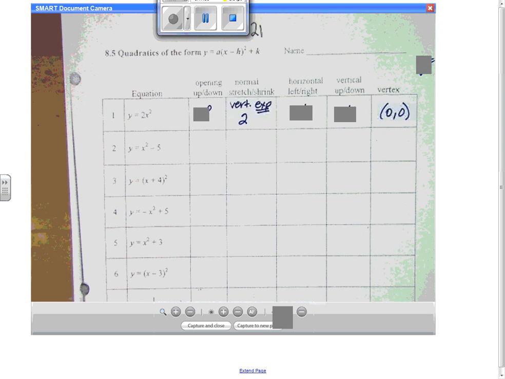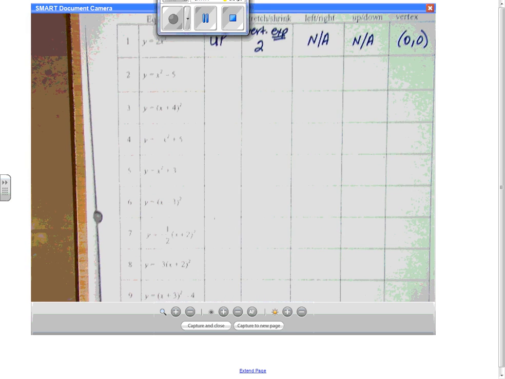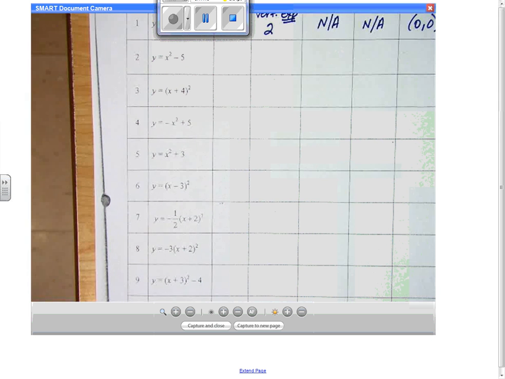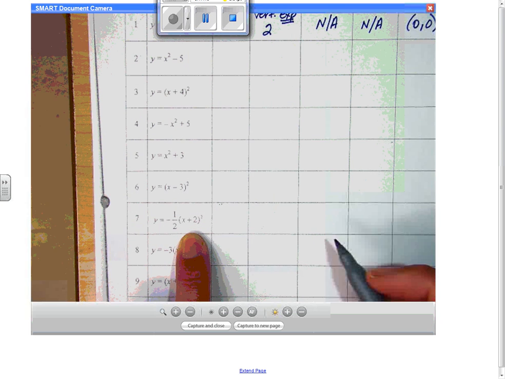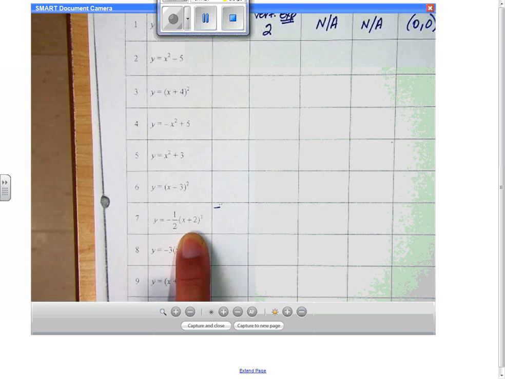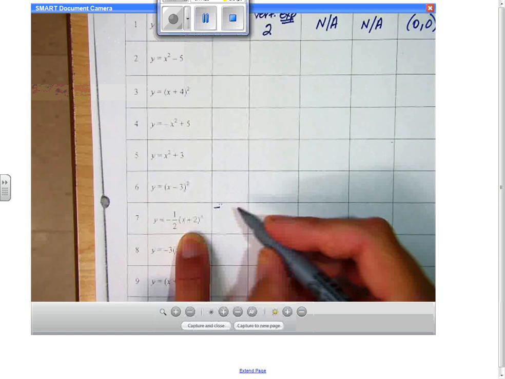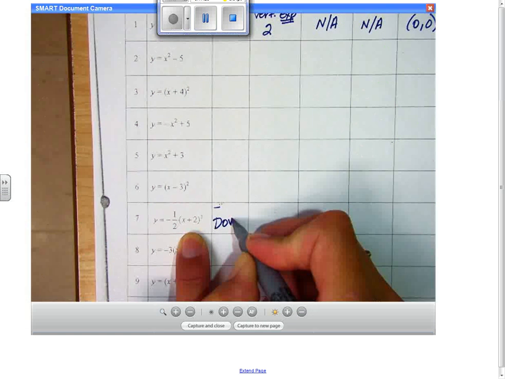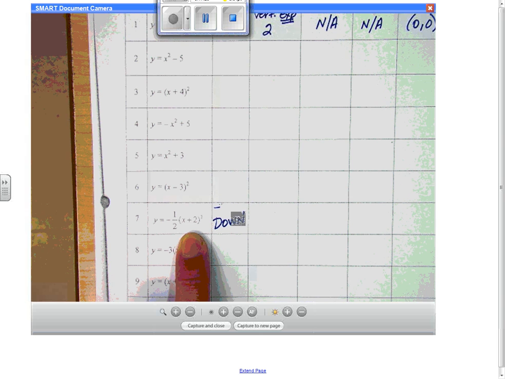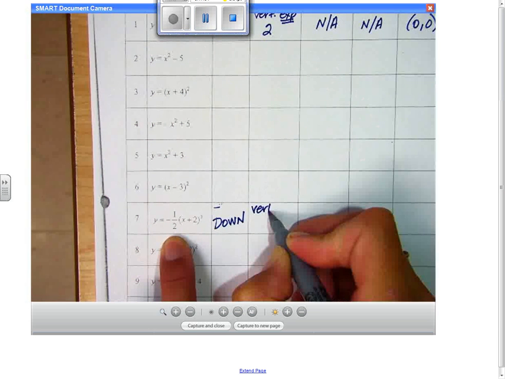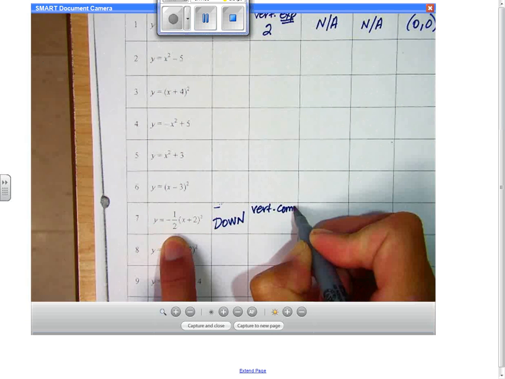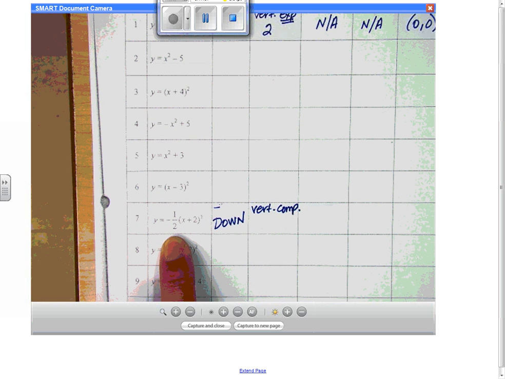I'm going to go down to number 7. Y equals minus a half (x plus 2) squared. Okay. There is a negative. It means a vertical flip across the x-axis. So our reflection will be downwards. There has been a vertical compression. I'm trying to use the same language that we used in Unit 1.